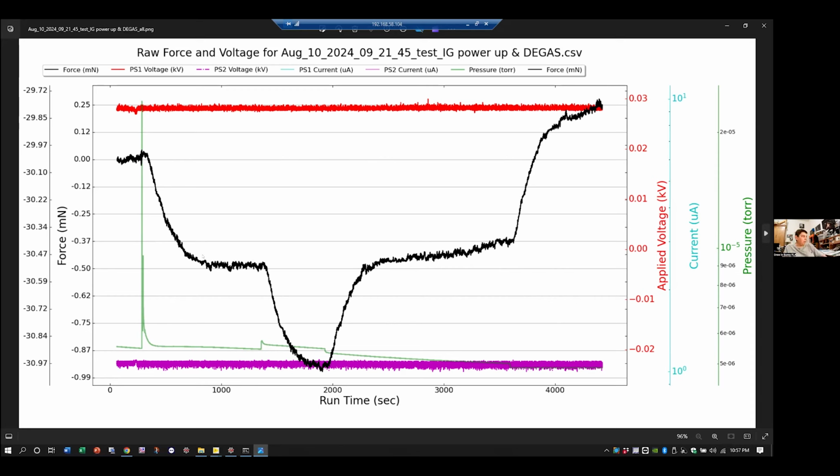So this is the ion gauge dumping ions into the vacuum, and when ion gauges get dirty, you run something called a degas, and that just supercharges it, and it runs super hard for about 3 to 5 minutes, dumping an enormous amount of ions into the chamber. Then it switches off, and it comes back up, and then I switched off the whole ion gauge and everything, so that it just kind of did this, and then it did this.